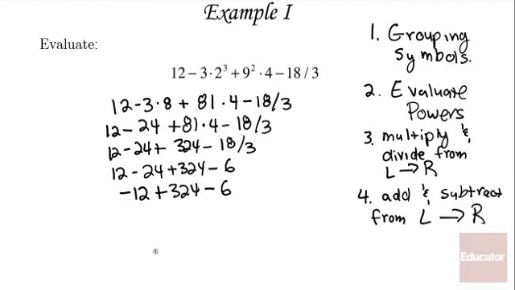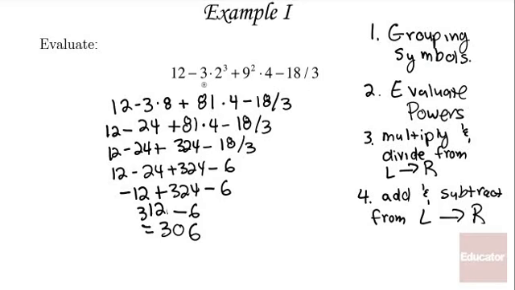Combining negative 12 and 324, actually, it gives me 312. So 324 minus 12 gives me 312 minus 6. And the result is 306. So I went in order, following the rules for order of operations, no grouping symbols.